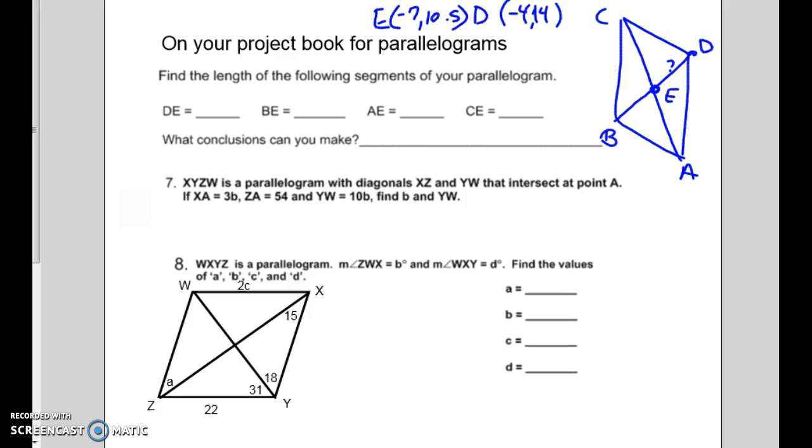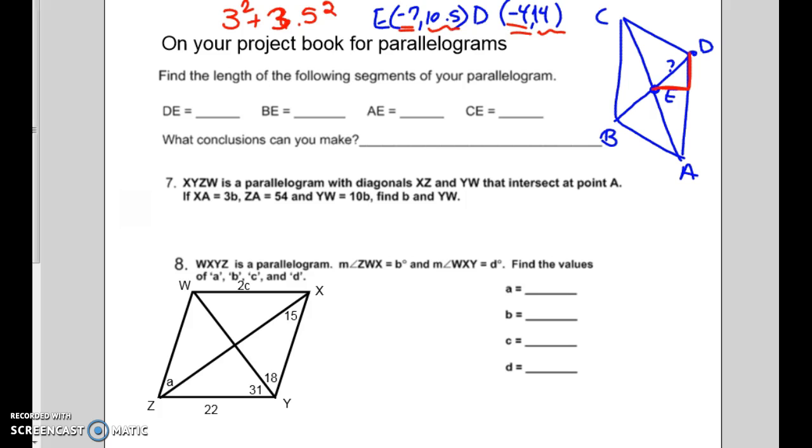So I can use the Pythagorean theorem. Remember where I make that right triangle? How do I get from -7 to -4? That's 3 units, so that would be 3 squared. And then how do I get from 10.5 to 14? That's 3.5, sorry.